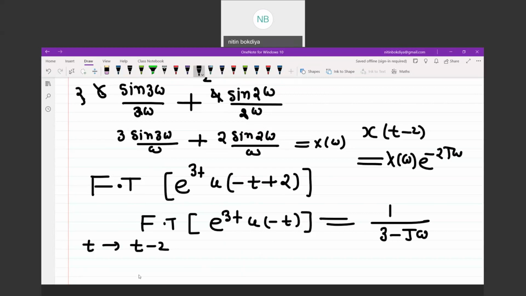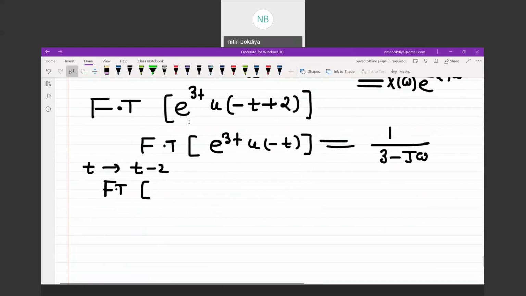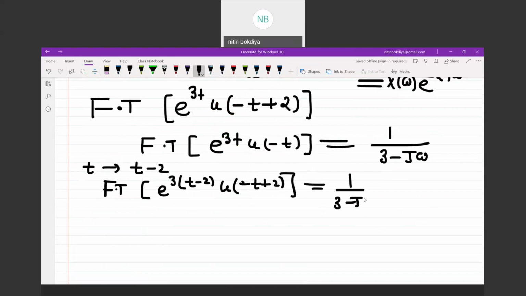So I can write the Fourier transform of e to the power 3 times t minus 2, this will be u of minus t plus 2 because it's multiplied by the minus sign, is equivalent to 1 divided by 3 minus iota omega into e to the power minus 2 iota omega.